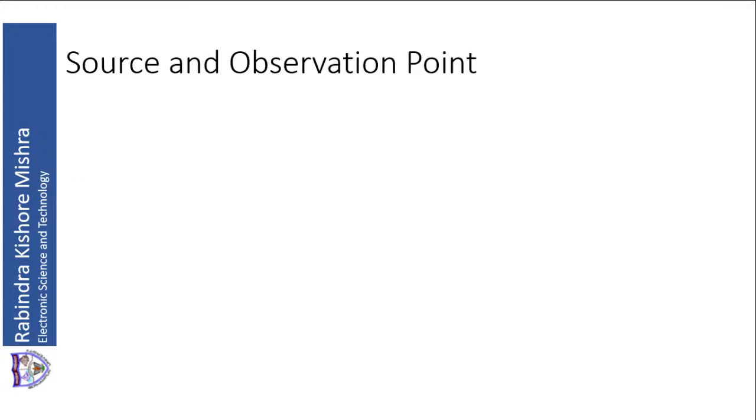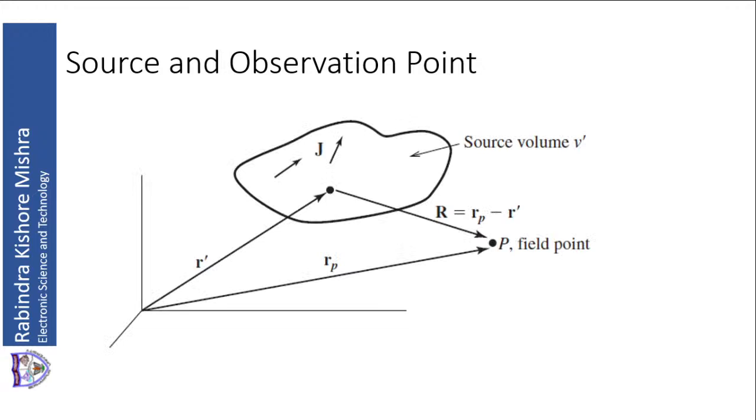So let us consider what is called a source point and what is called an observation point. Here you see, I have drawn a picture. From the origin, we have a position vector r dash, and at that position vector we have got a source.